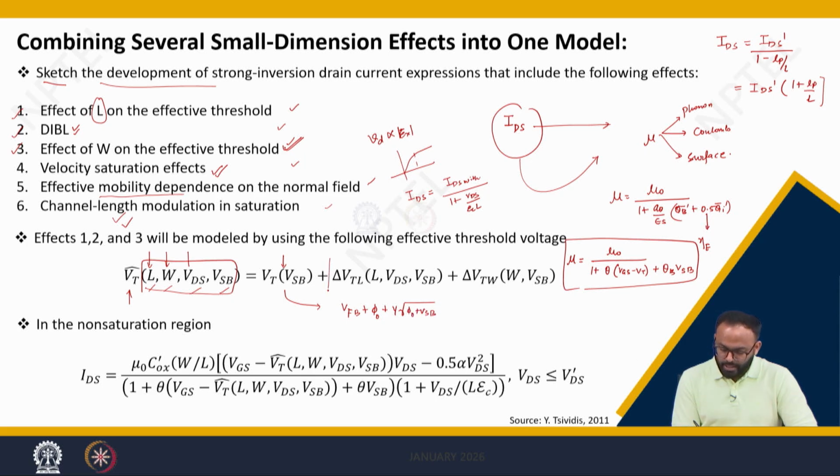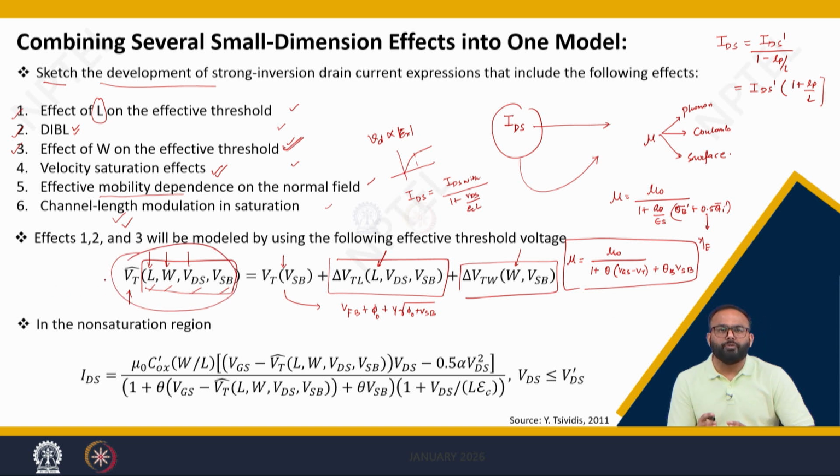The second parameter is change in threshold voltage due to change in length, and the third is change in threshold voltage due to change in width. So overall the threshold voltage can be written as VT cap, which is a function of L, W, VDS and VSB. Now we will include this threshold voltage definition in our current equation, that is VGS minus VT.